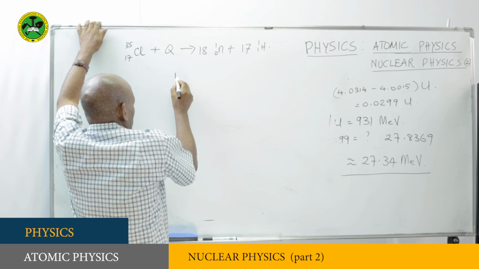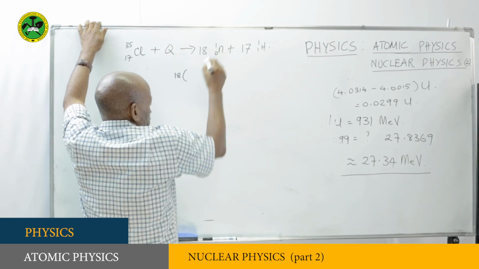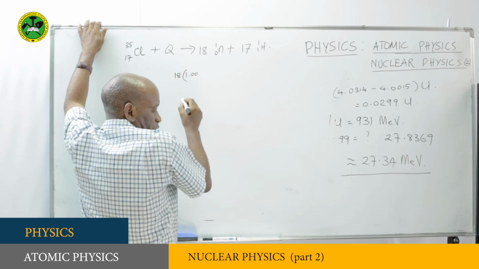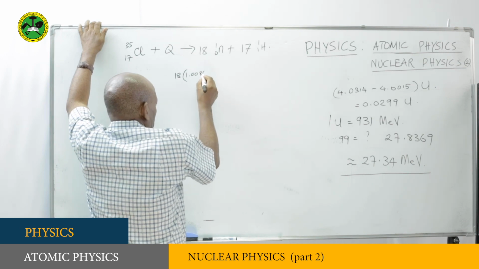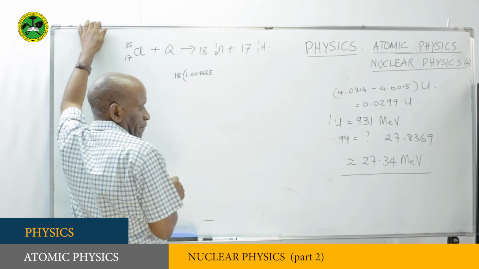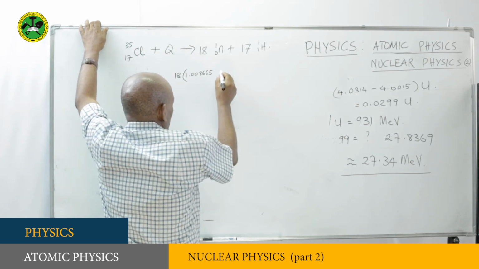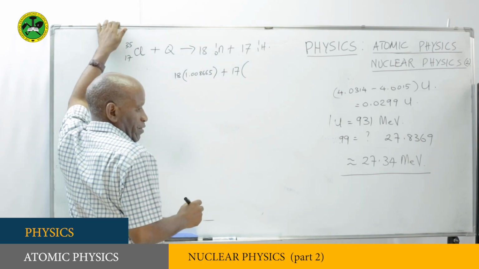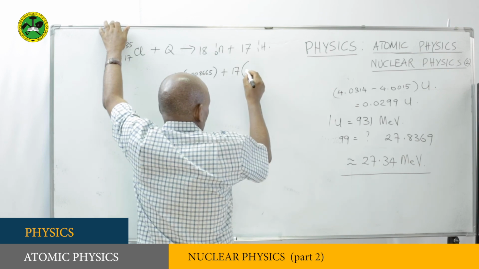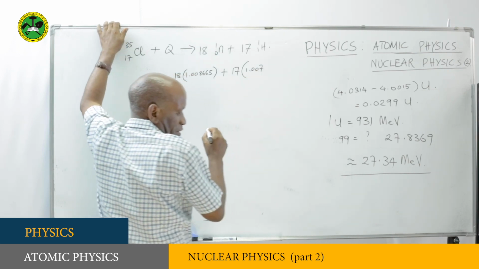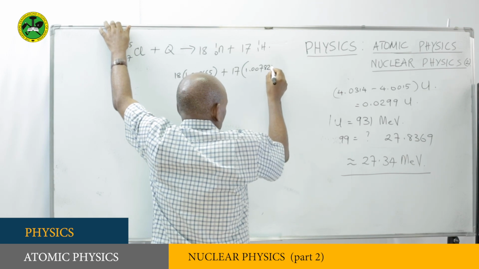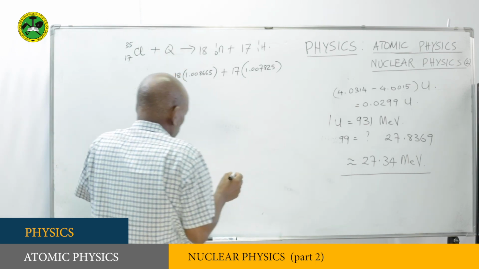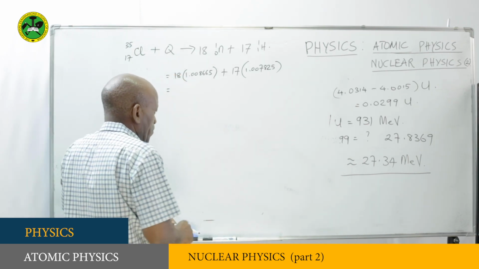So for the products, we have 18 times the atomic mass of the neutron, which is 1.008665. That is for a neutron. Then we add 17 times the proton, whose atomic mass unit is 1.007825. We need to compute here to determine the total unified atomic mass unit.